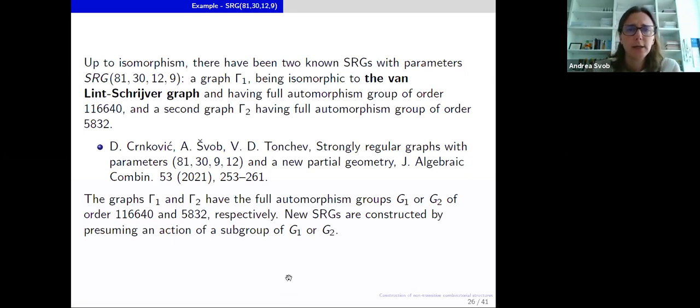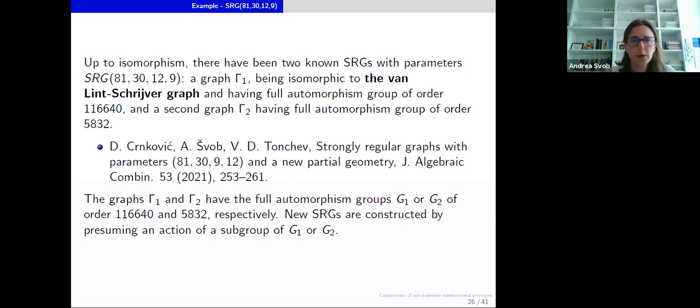In this paper we published a construction of strongly regular graphs with these parameters, and we constructed some new strongly regular graphs that have these parameters.